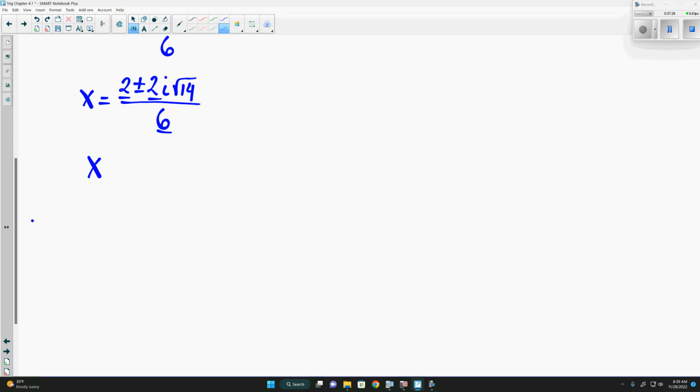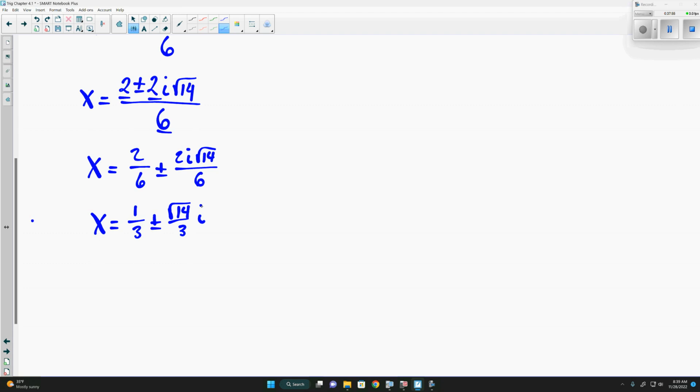So really what we're looking at is 2/6 plus or minus 2i square root of 14 over 6. 2 over 6 is 1/3 plus or minus square root of 14 over 3 i, yes?